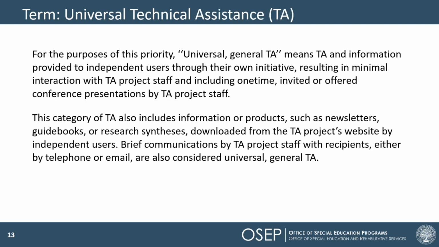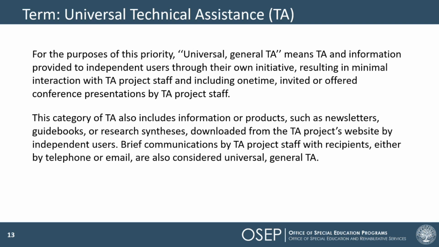Slide 13. The term is Universal General Technical Assistance, TA. For the purposes of this priority, Universal General TA means TA and information provided to independent users through their own initiative, resulting in minimal interaction with TA project staff and including one-time invited or offered conference presentations by TA project staff.